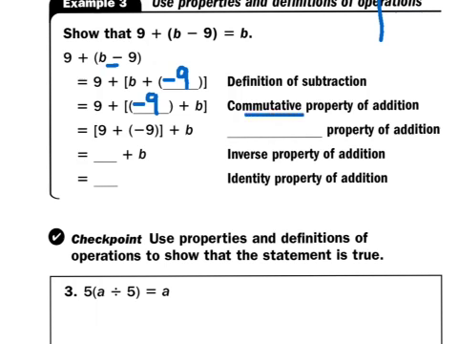B talks to negative 9. Negative 9 can turn around and talk to b. Then I could change my grouping symbols using the associative property. And then we know that 9 plus a negative 9 is 0 from the inverse property of addition.